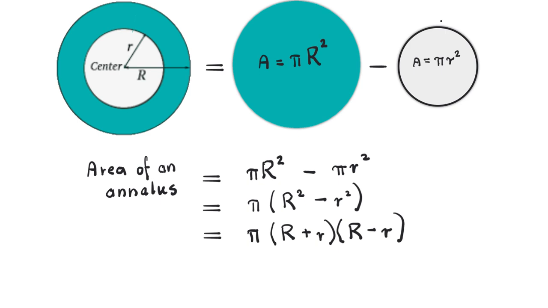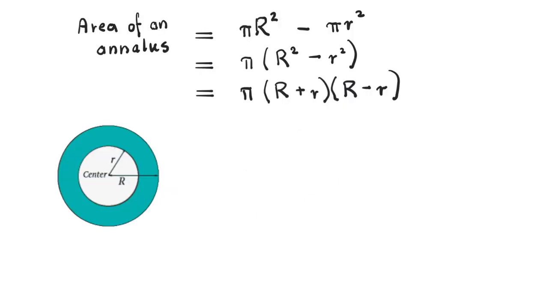For example, let's say my big radius is 9 centimeters and my little radius is 7 centimeters. In that case, what we'll have is pi times big R plus little r, which means that we're just saying 9 plus 7, and then multiplying this by 9 minus 7.